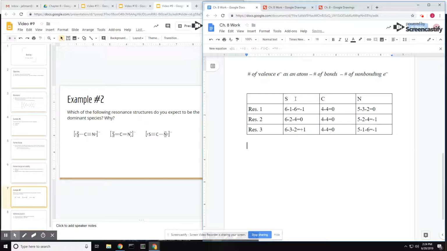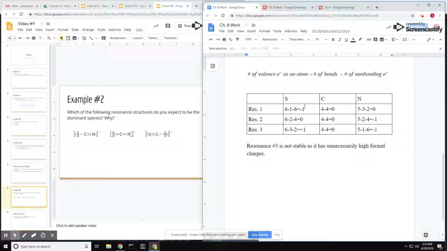So I'm going to, off the bat, eliminate the third resonance structure because it has unnecessarily high charges. When I say high, I mean in magnitude. I don't necessarily mean in number. So then I'm down to resonance structure 1 versus resonance structure 2.